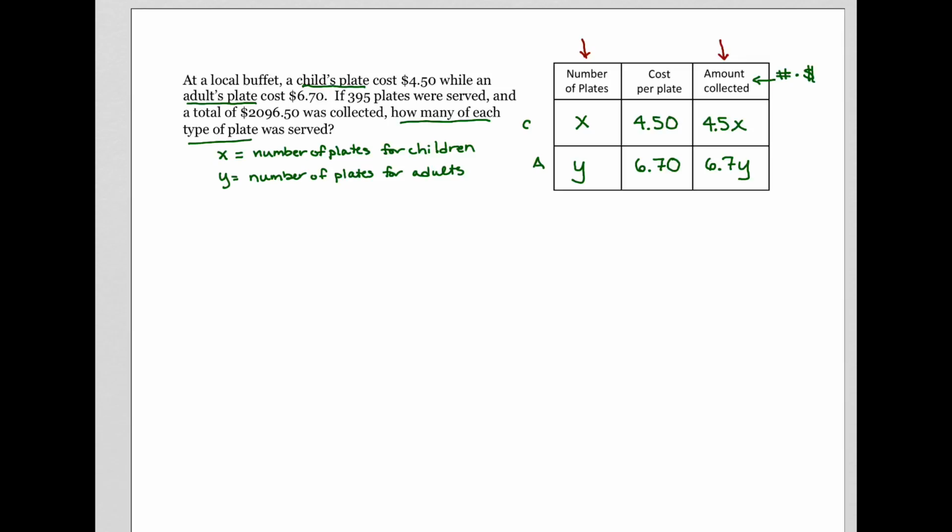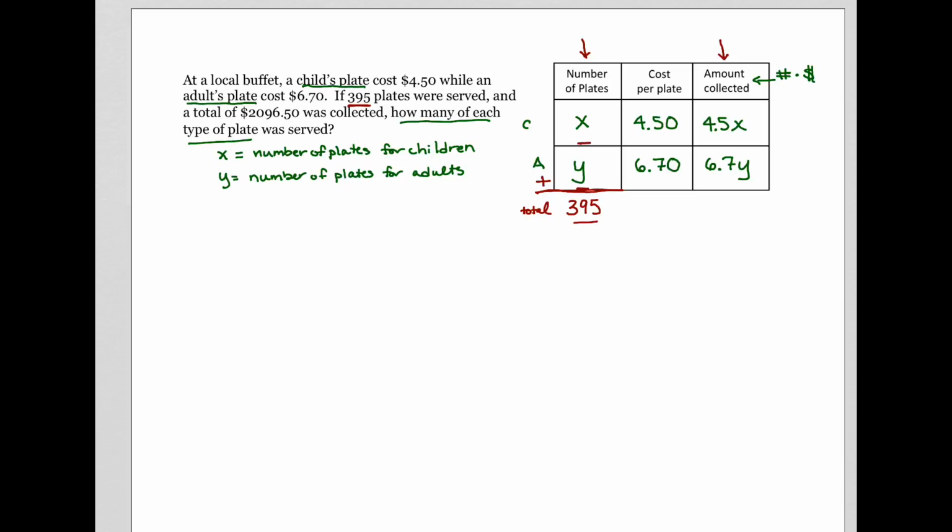Well, we know if we take the number of children's plates plus the number of adults' plates and add those two values together, it gives us the total number of plates that were served. And we actually have that value in our problem. 395 plates were served, so that means that if I add x to y, I get 395.